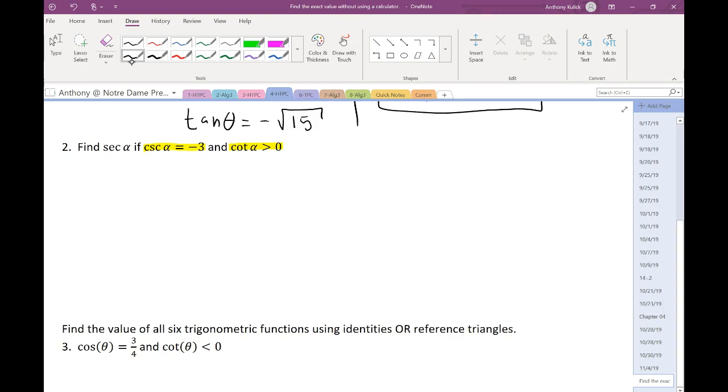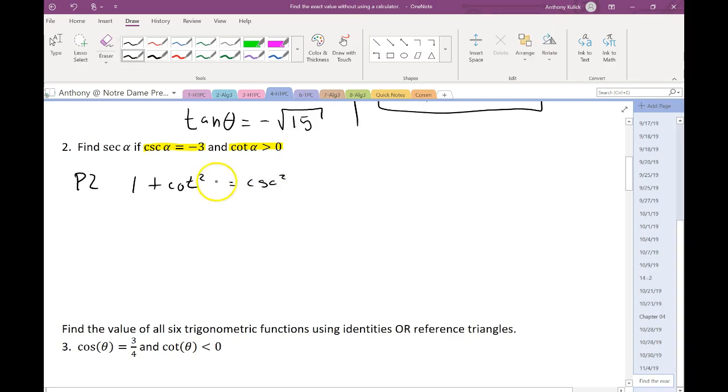James? Yeah, it's the second Pythagorean that we found, right? So that's 1 plus cotangent squared is equal to cosecant squared.